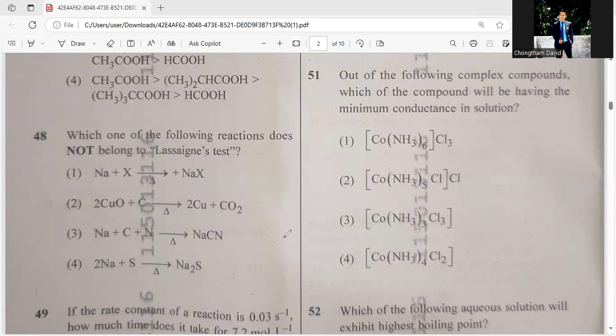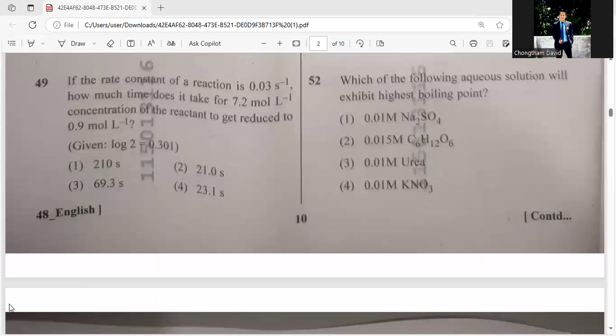It converts elements to ionic form. So option number 2, which is a reduction of cupric oxide, is unrelated to this test, because in Lassaigne's extract we usually detect nitrogen, sulfur, and halogens. So 2 is the invalid one, so it will be the answer for question number 48. Moving on to the next question, number 49.